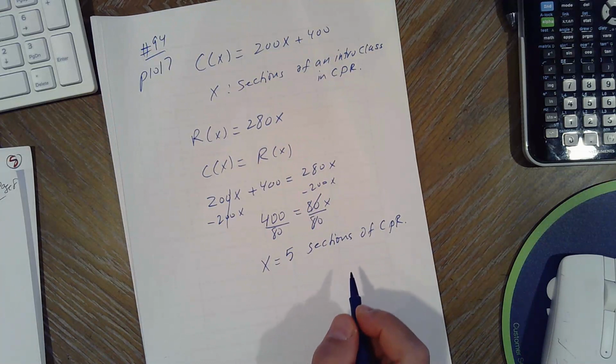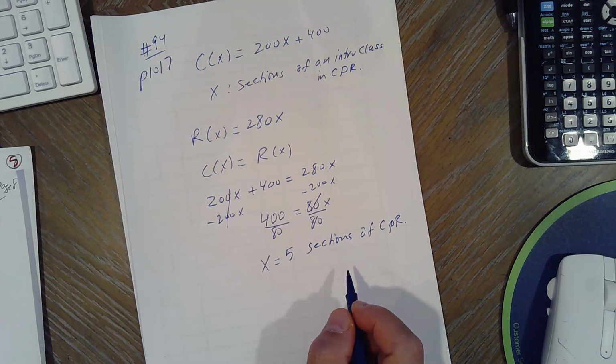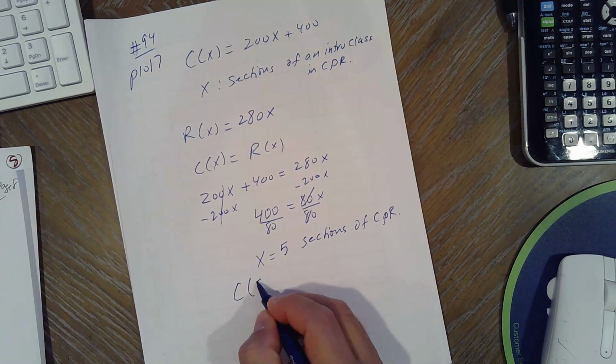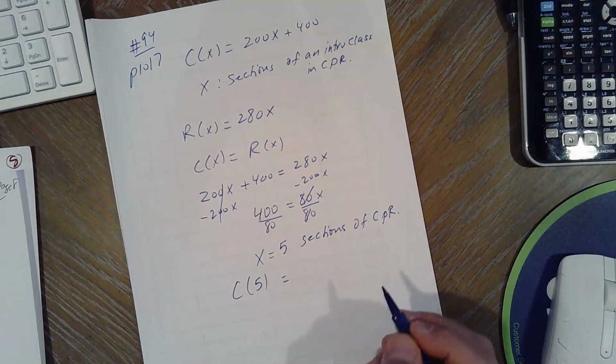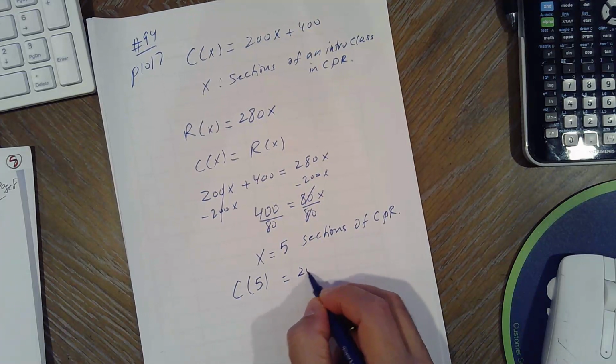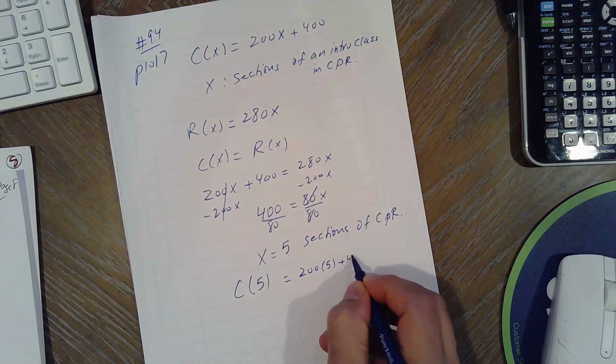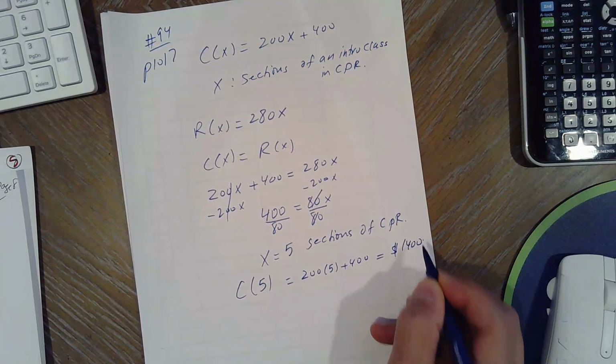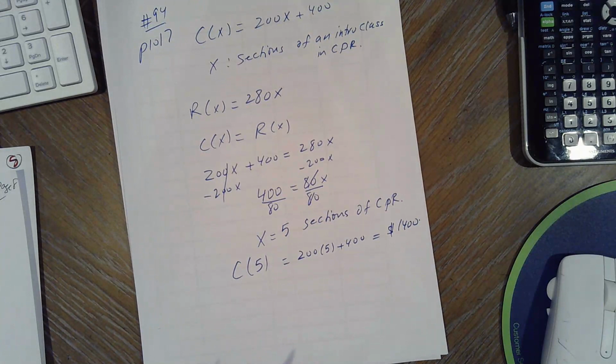And if you want to see the cost for that, C of 5 is 200 times 5 plus 400. It's going to cost $1,400. That's when they break even.